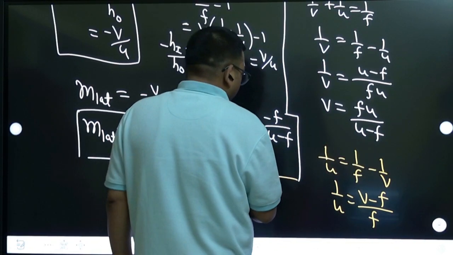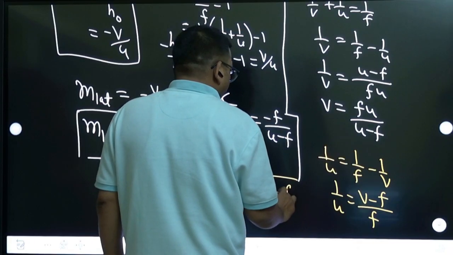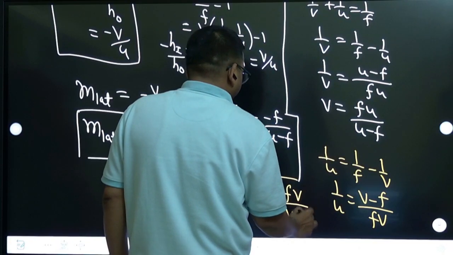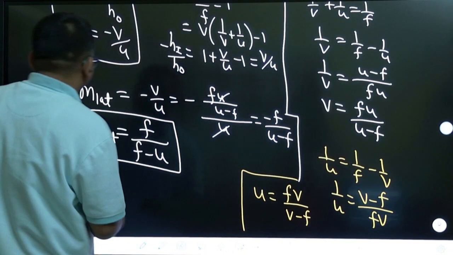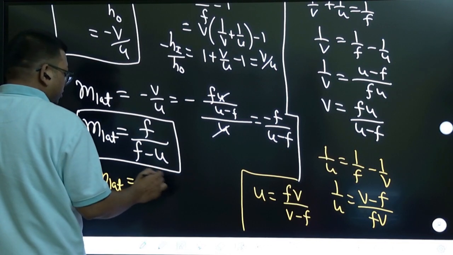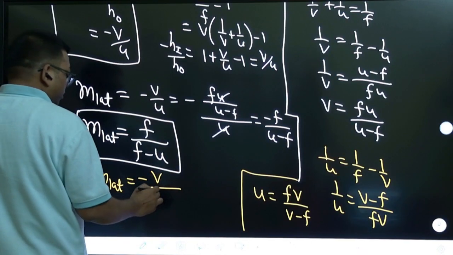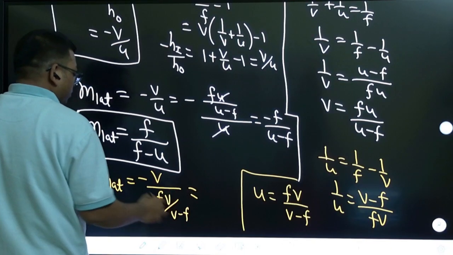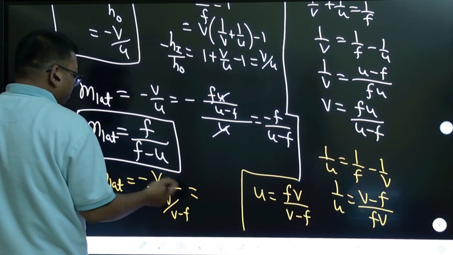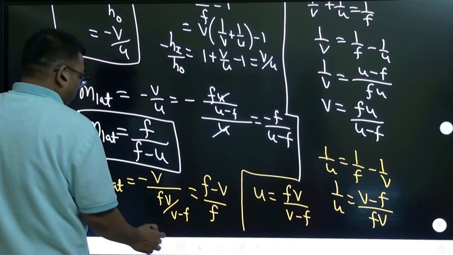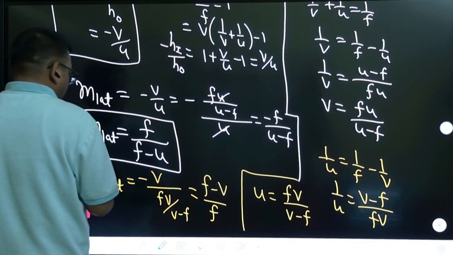So from here u will come as fv by v minus f. Now let us substitute this in lateral magnification. Lateral magnification is minus v by u. Substituting fv by v minus f, the v gets cancelled, and with the minus, it becomes f minus v by f. This formula we can use for lateral magnification.